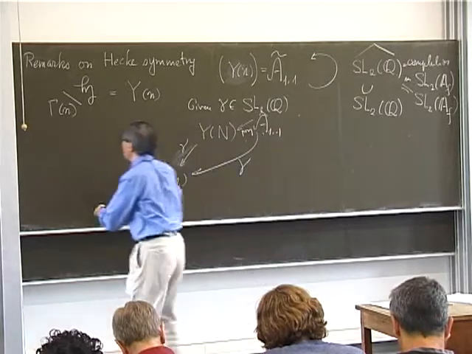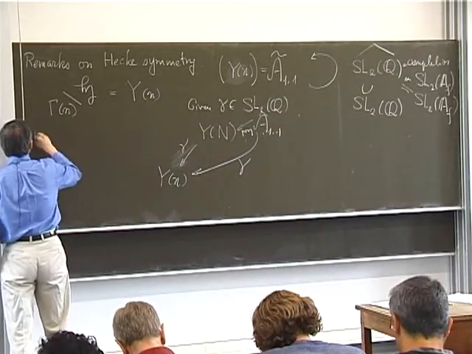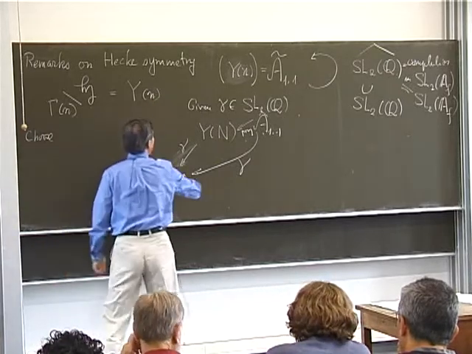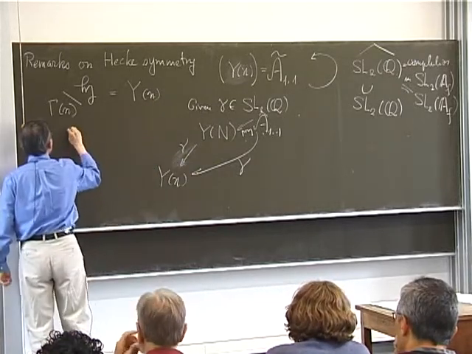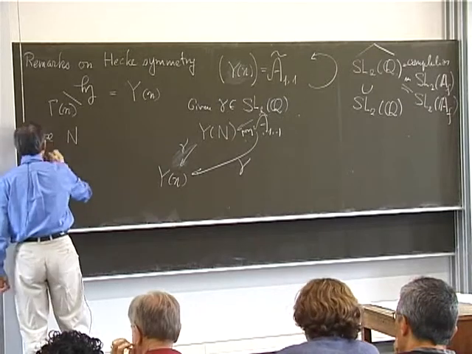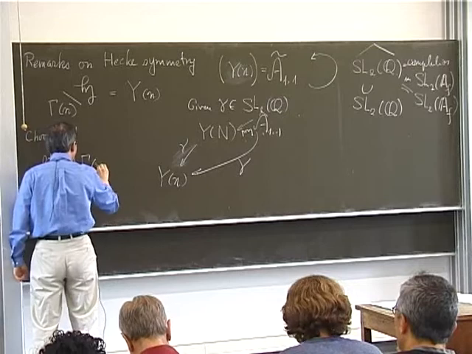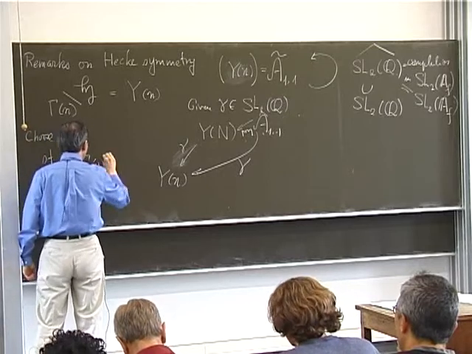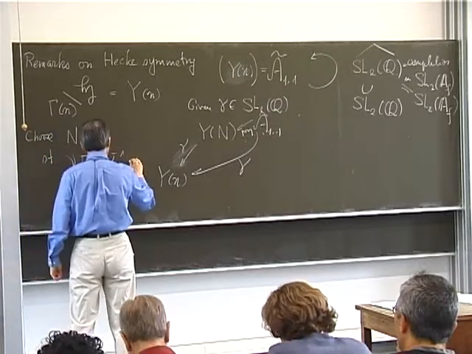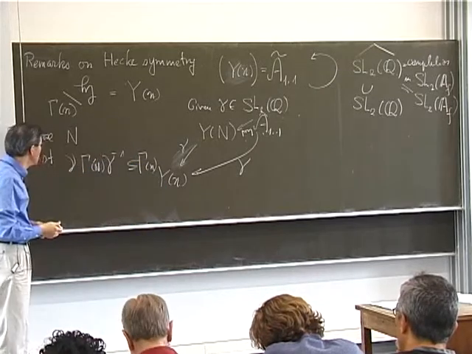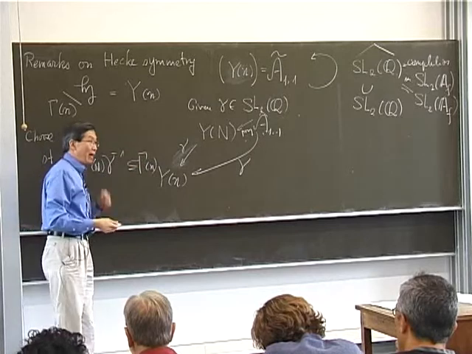So now what do we do? We'll choose: I fix a small n, and I choose a capital N such that gamma Γ(N) gamma inverse is contained in Γ(n).